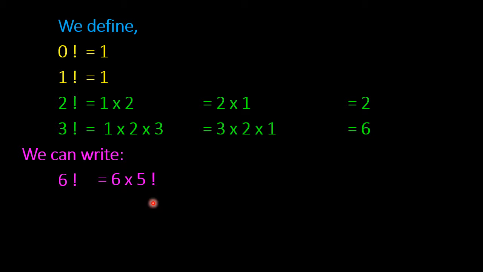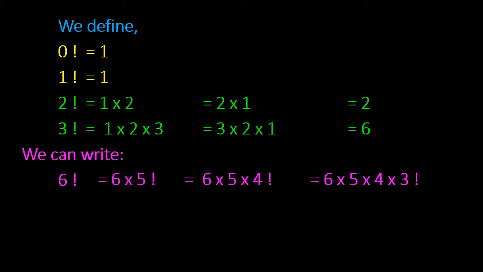And this can also be written as 6 into 5 into 4 factorial, which is also the same as 6 factorial, and it can also be written as 6 into 5 into 4 into 3 factorial, which is the same as 6 factorial. So this manipulation you have to practice, it is most useful for solving questions related to this factorial notation.